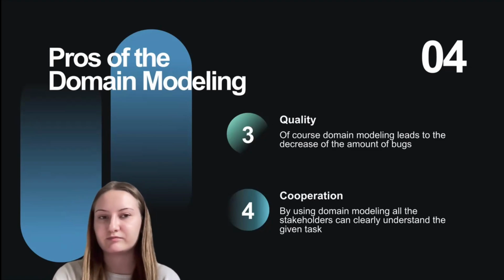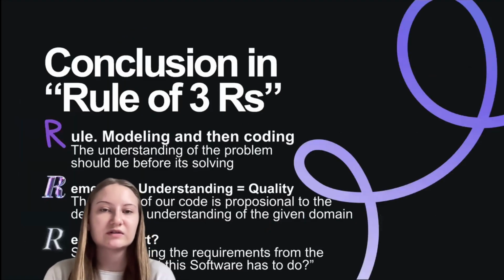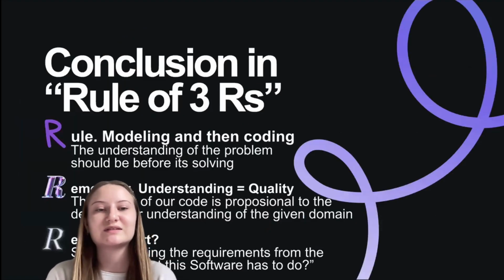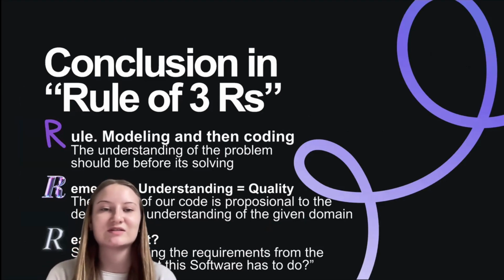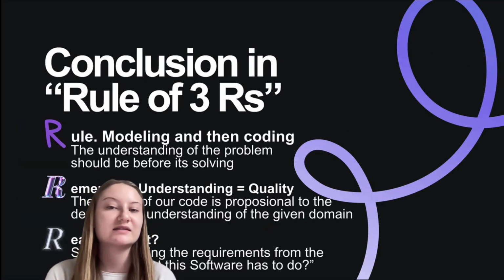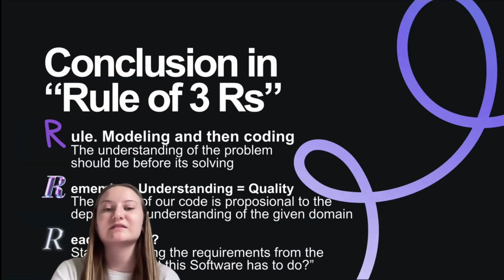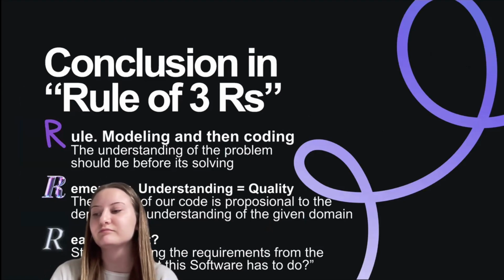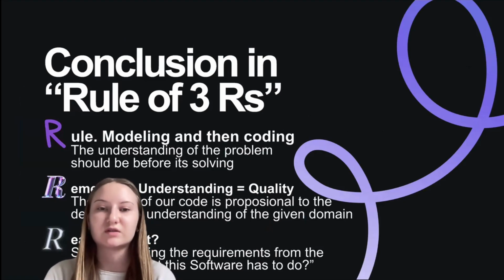So to conclude everything, I would like to put all the main information into the rule of 3 R's. The first rule is: model the domain and then code, because the understanding of the problem should come before solving it.